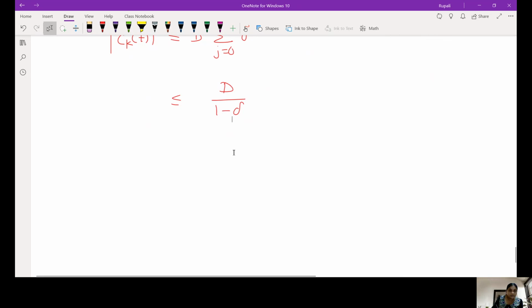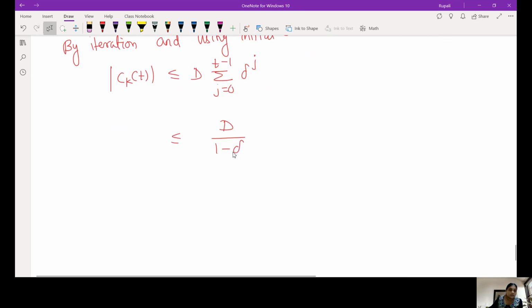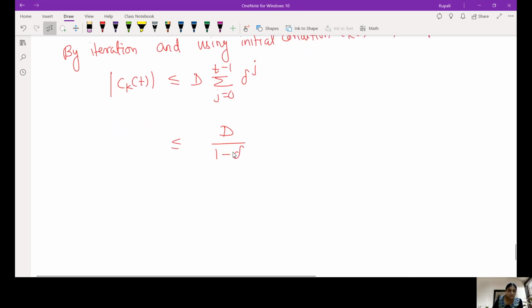In similar manner, this is for k; then for k plus 1 also it is the same, k plus 2 also it is the same.